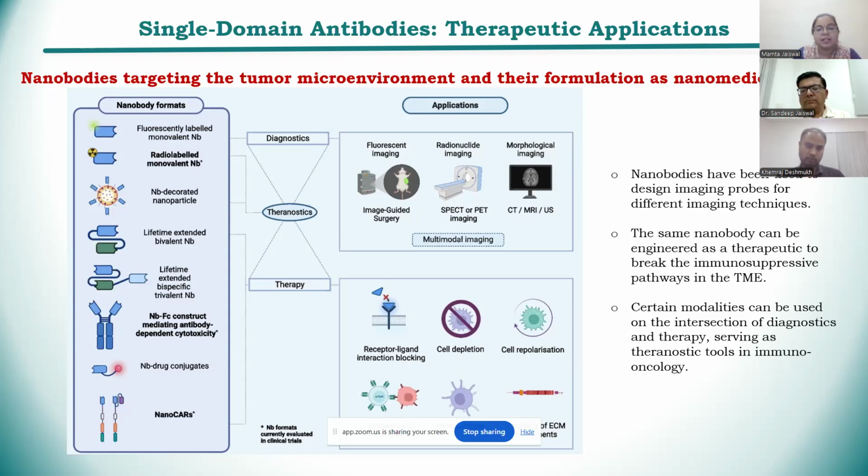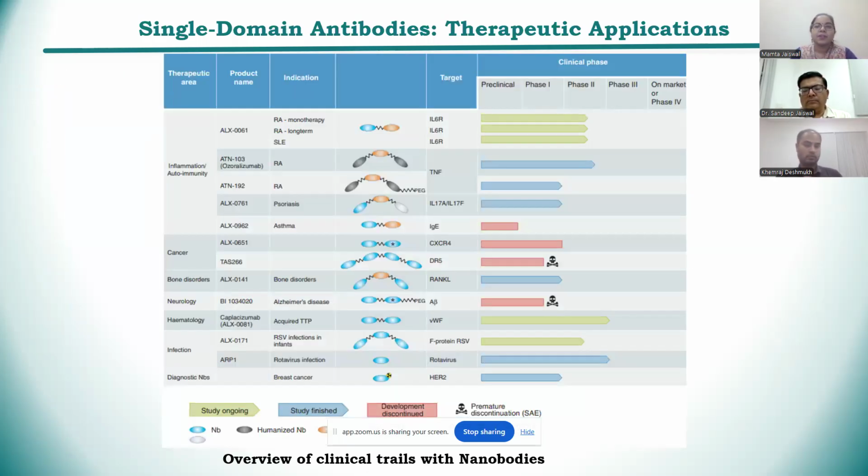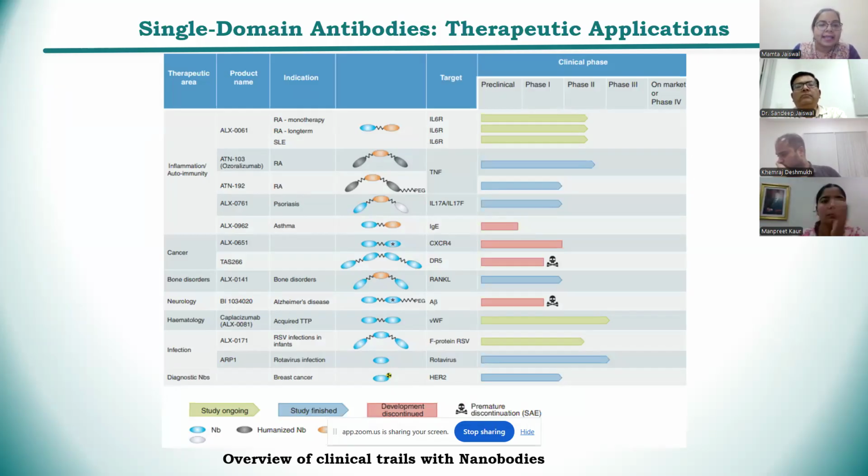Now, nanobodies are also used in therapies. Here are a few examples for therapeutic application. Many single domain antibodies are developed against therapies of various diseases like inflammatory autoimmune disease, cancer, bone disorders, neurology, hematology, infection, and diagnostic.